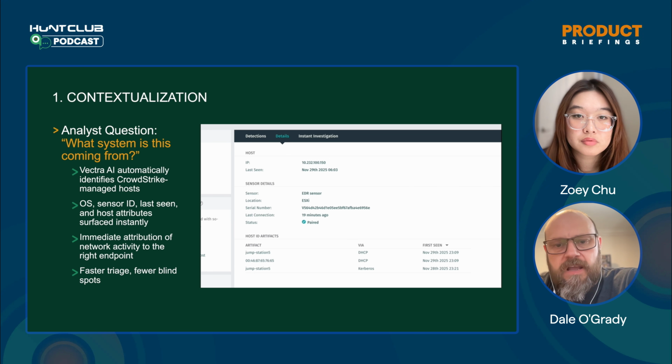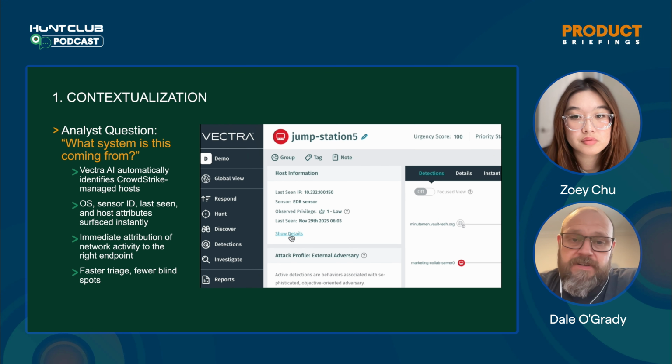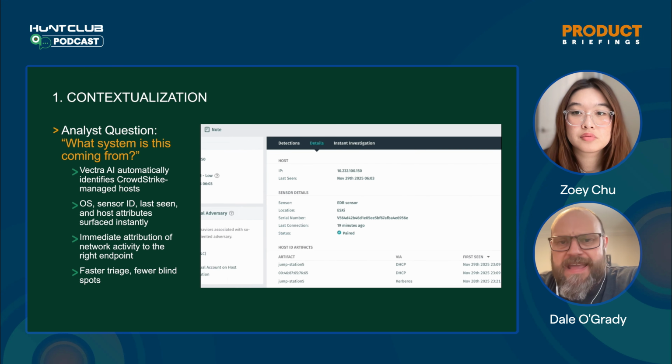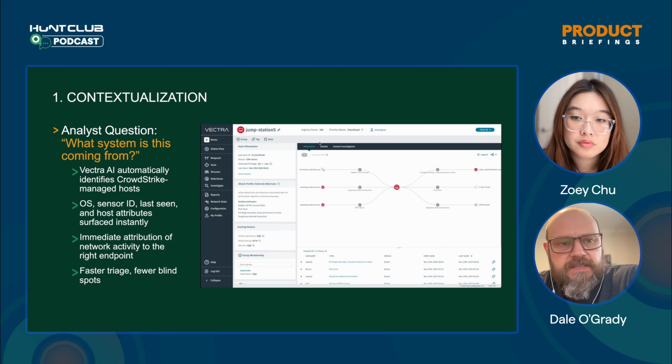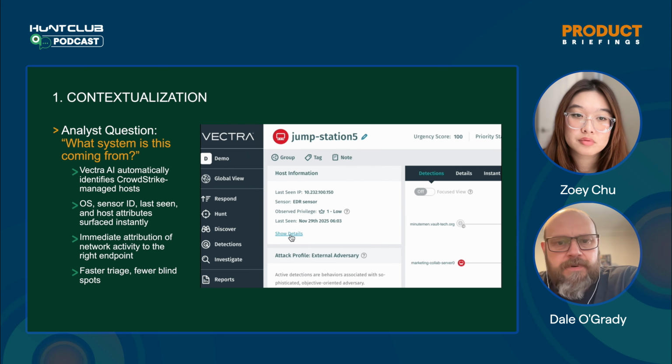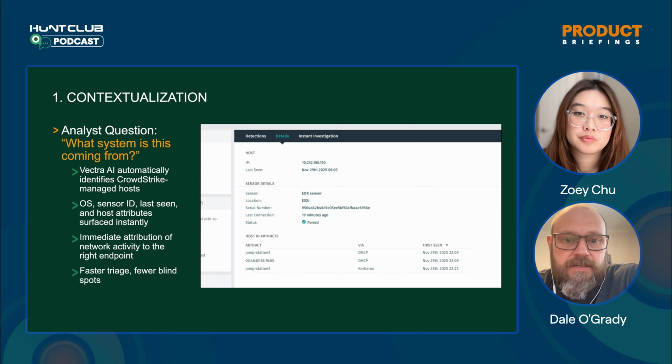And we're not talking just the IP. The IP address, of course, is important, but a lot of networks have a lot of IPs, perhaps naming conventions that are a little obscure. So in this case, we're also going to surface things like the operating system, CrowdStrike sensor ID, when it was last seen, even the location.